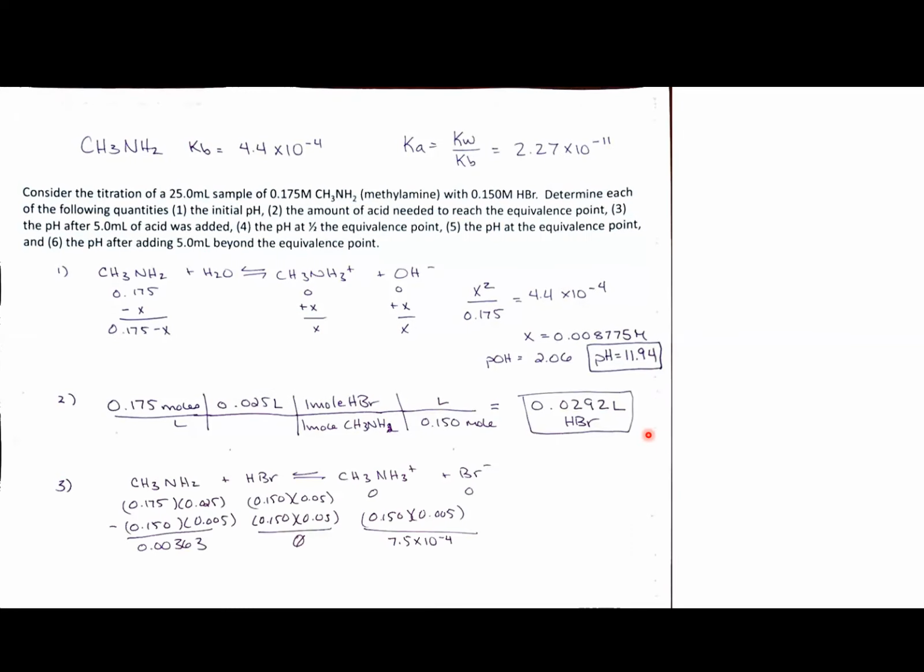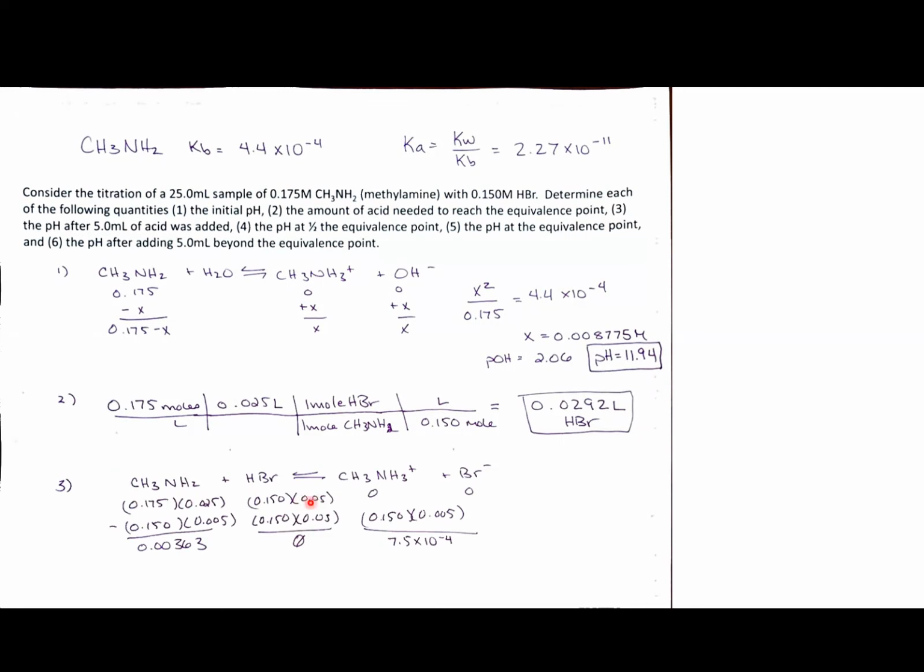For the 5 mL of acid being added, I've arranged this just a little bit differently from the previous examples I've worked, but it's the same idea. I've got a concentration times the volume, which gives me moles. And that's my initial of methylamine. And I've got a concentration times volume for this.